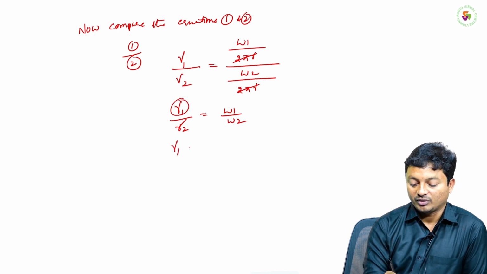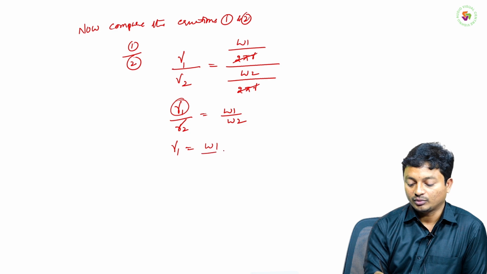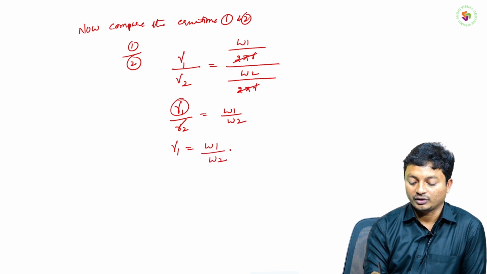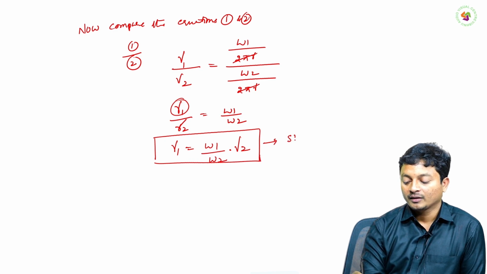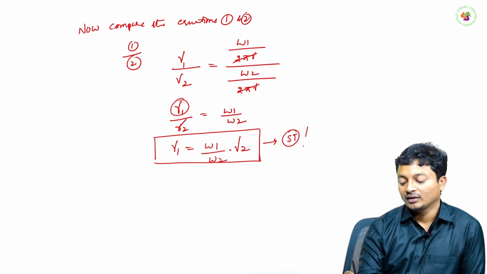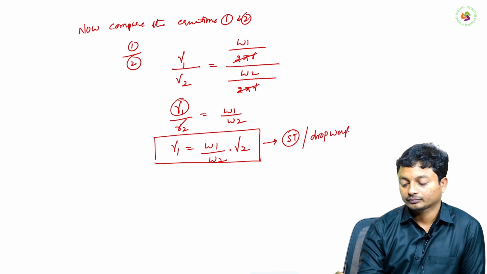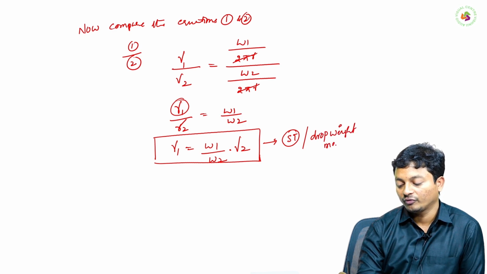Then this can be written as W1 divided by W2 into gamma 2. Based on this equation, we can calculate the surface tension by drop weight method using stalagmometer.